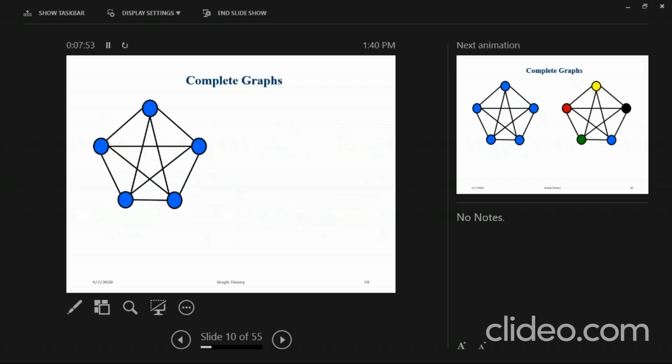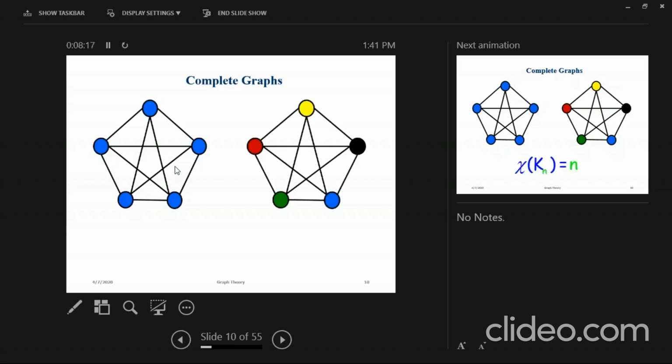When we talk about complete graphs, such as given in this figure, a complete graph is nothing but a graph in which each vertex is connected with every other vertex. So now can you guess the logic behind coloring the complete graph? How can we color this complete graph? Let's find it out. Here you see a complete graph which consists of five vertices, and to color this graph we need five colors, because all the vertices are mutually adjacent to each other.